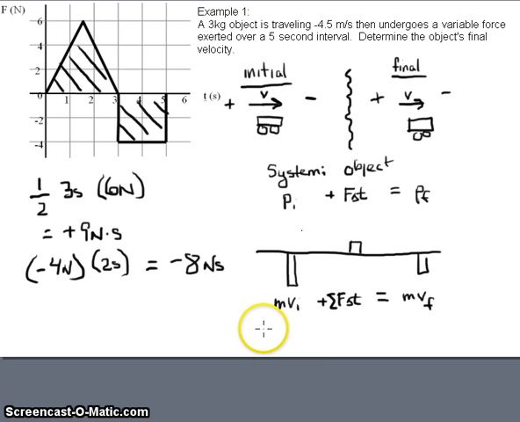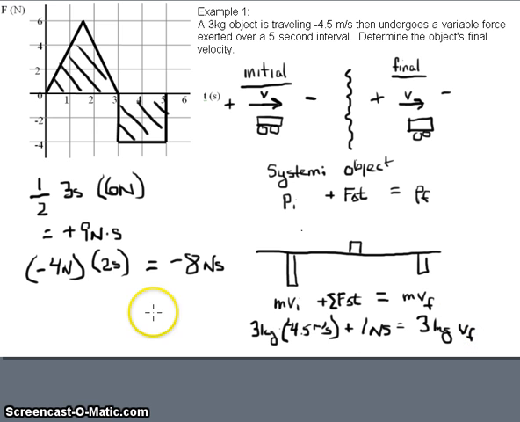Alright, so substituting the numbers in, we have 3 kilograms times negative 4.5 meters per second, plus the net impulse, a positive 1 newton-second, will equal 3 kilograms times v_f. If I solve for v_f, I find that v_f is equal to 1.47 meters per second in the negative direction. Alright kids, that's example number 1.